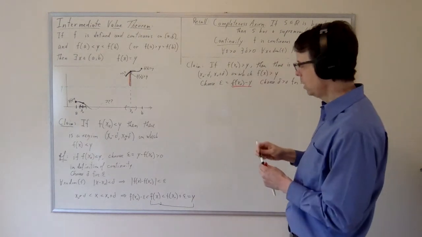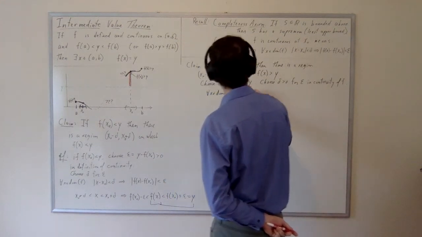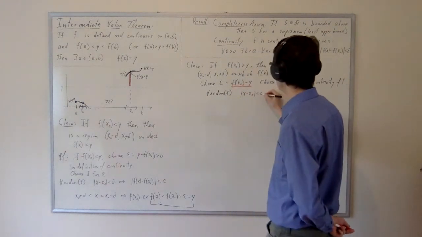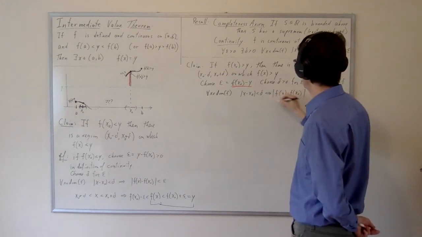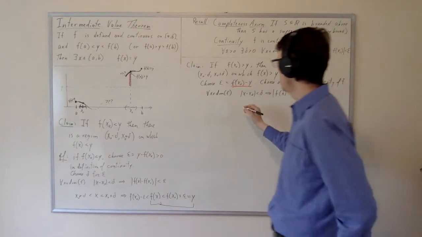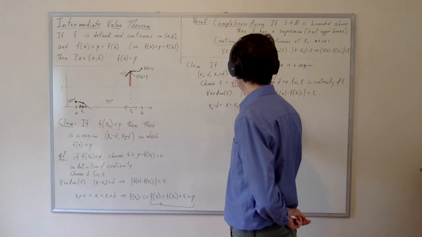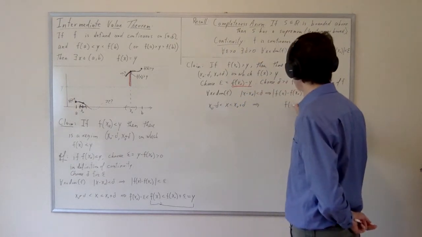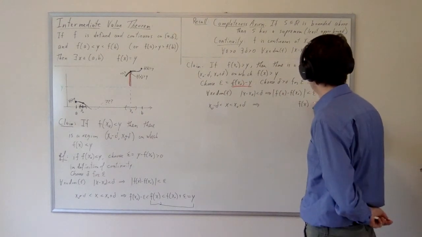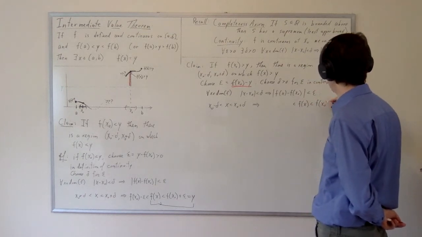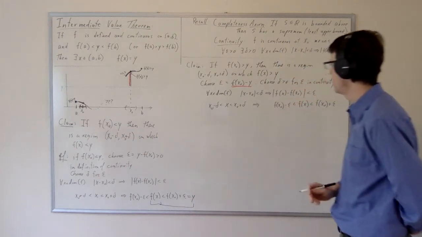So using this definition, what do we get? We get for all x in the domain of f, if the absolute value of x minus x naught is less than delta, then the absolute value of f of x minus f of x naught is less than epsilon. And let's unpack what this means. It means if x is between x naught minus delta and x naught plus delta, then, I may need more room, f of x is between f of x naught minus epsilon and f of x naught plus epsilon.